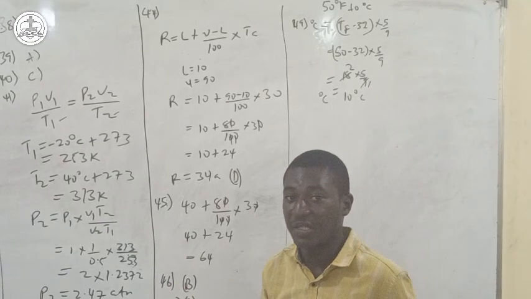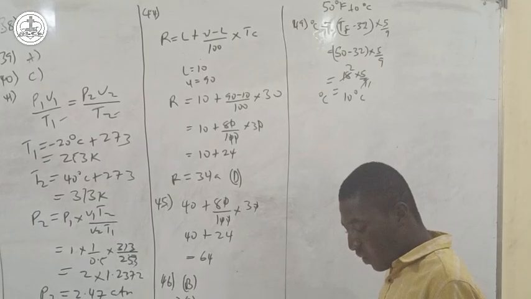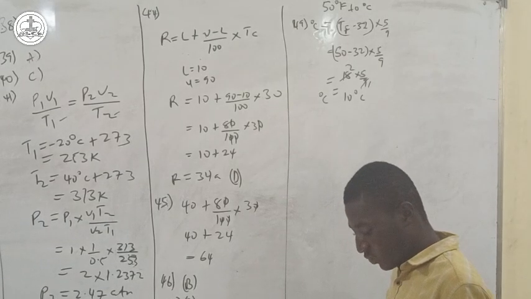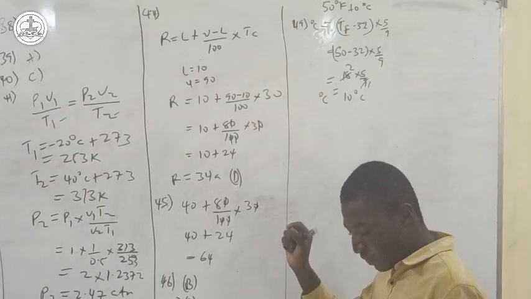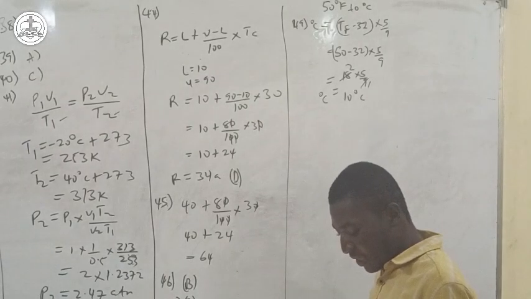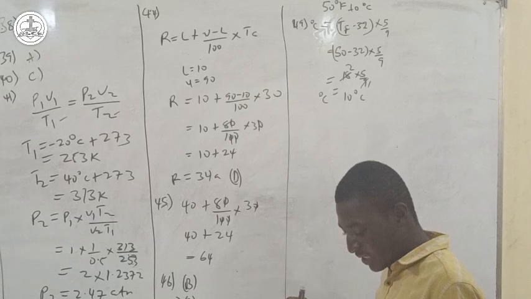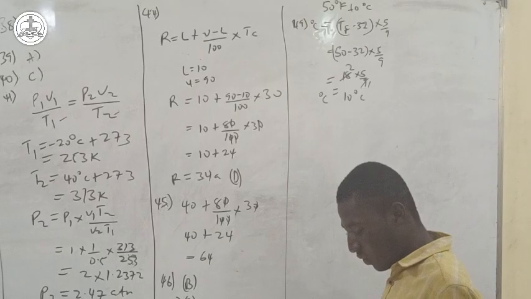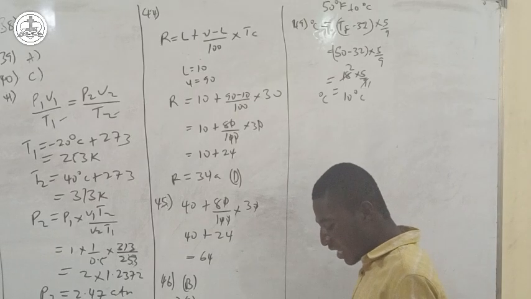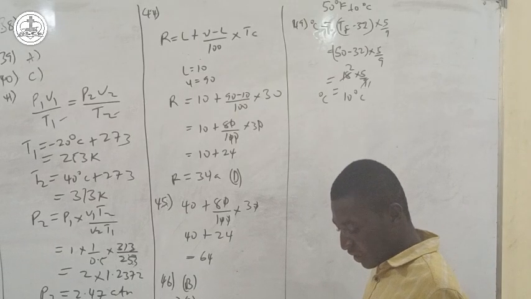Question 50 says, when water is heated in a glass vessel, the level first falls and then rises because A. The apparent expansion of the water is initially small and later increases. B. There is anomalous expansion of water. C. The glass vessel does not expand.